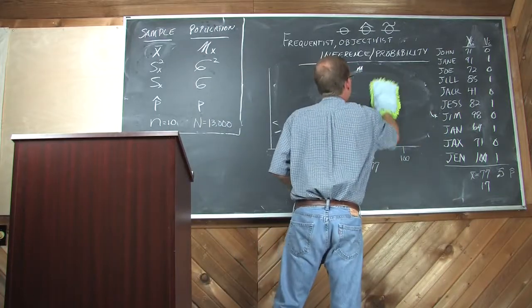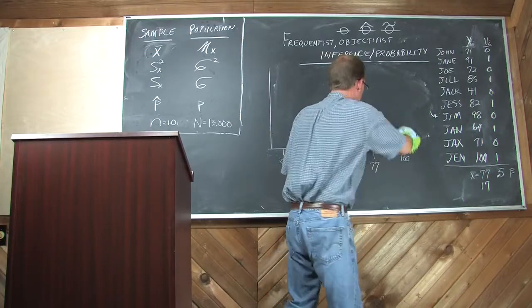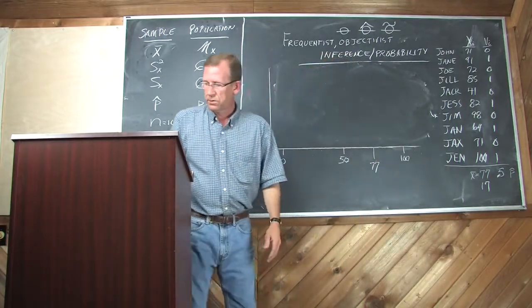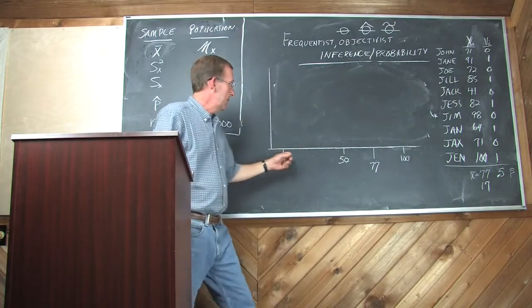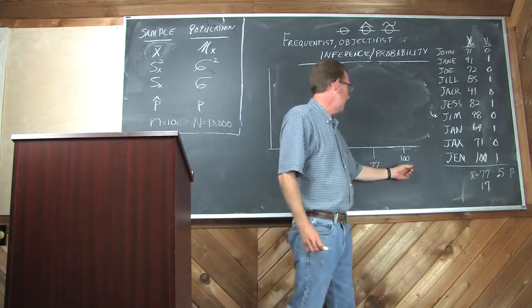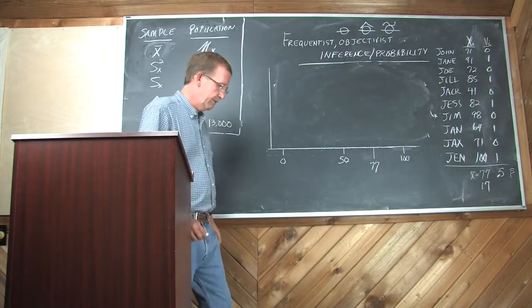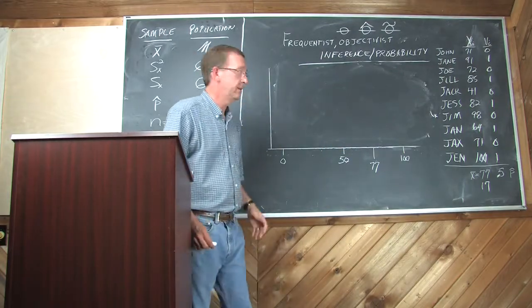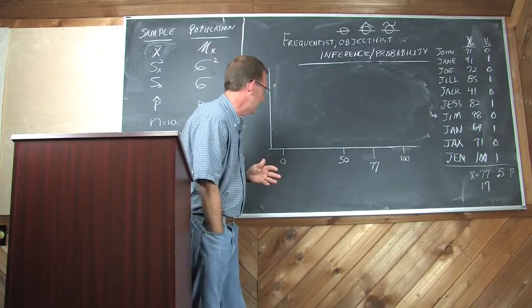I'm going to do it right here. Now we're going to look at this scale. Here's 0, 50, 77, and 100. It's bounded by 100. You're going to find something fairly clever here on purpose, and it's going to tell you a lot about having really, really small samples.